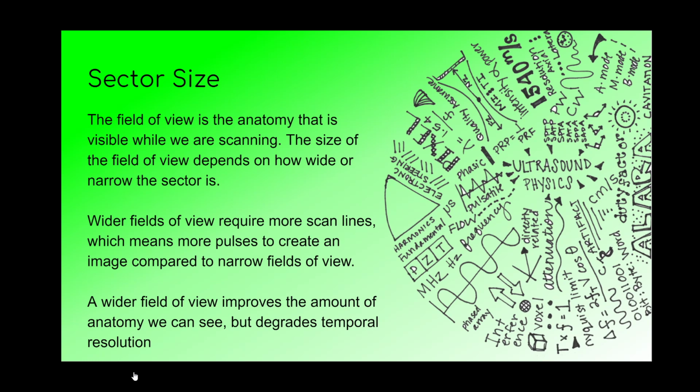When you are scanning a smaller area, you do not need as many scan lines. So yes, a wider view does improve the amount of anatomy that we can see, but it's going to degrade the temporal resolution.